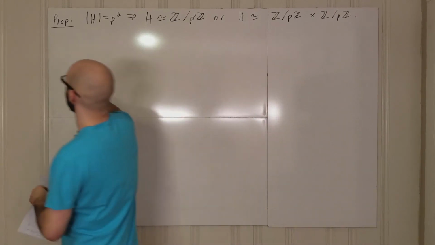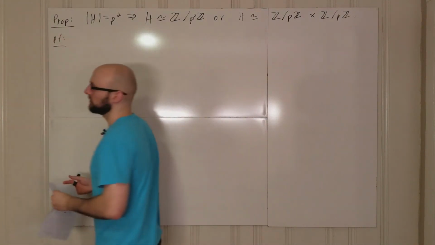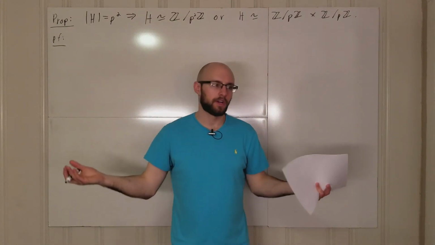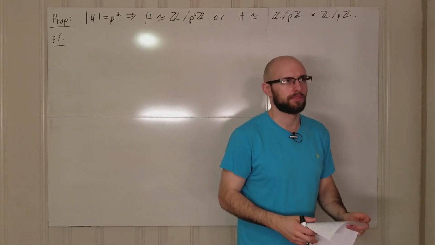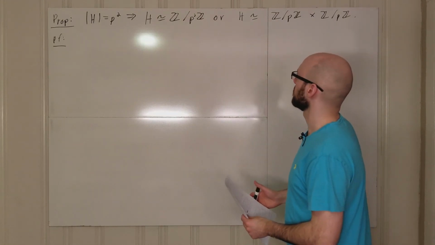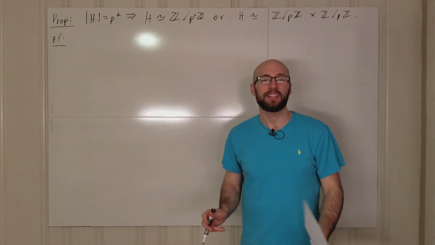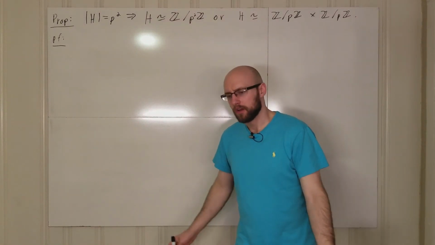For the proof of this, if you've seen a lot of group theory before, you might think, of course, the structure theorem for finitely generated abelian groups, or just finite abelian groups. But no, let's not do that, because we're trying to make this as self-contained as possible.